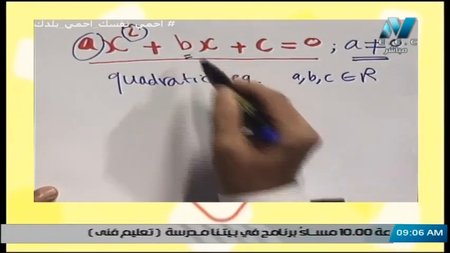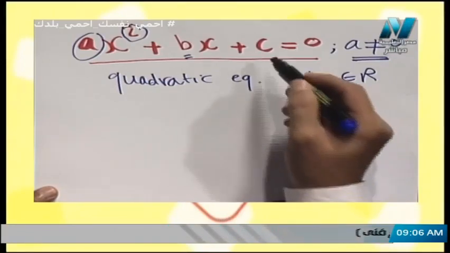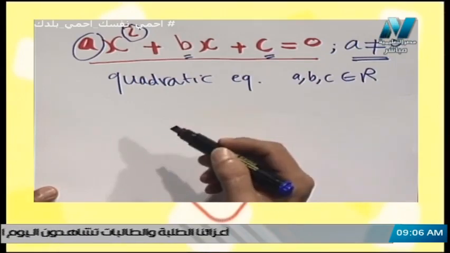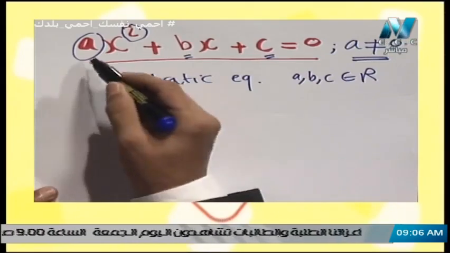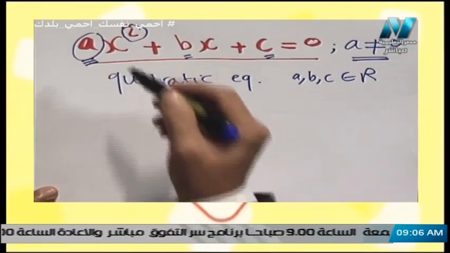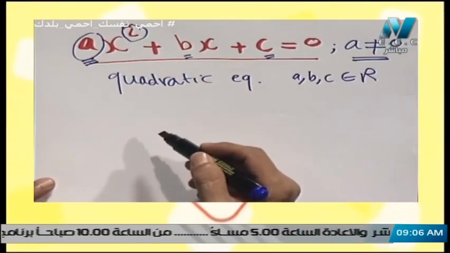Can b equal 0? Okay, it's not a problem. c can also be 0 or any other real number, but we have a condition that a doesn't equal 0, to keep power 2, to keep it a quadratic equation.